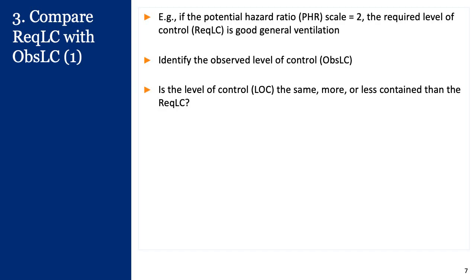Then we identify the observed level of control, and we ask, is the level of control the same, more, or less than the required level of control? And we have our decision criteria based on this comparison leading to an exposure in category 1, 2, or category 4.